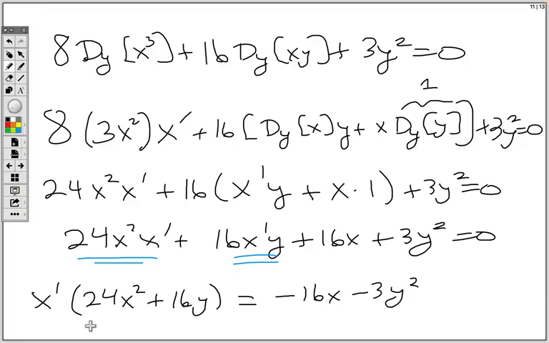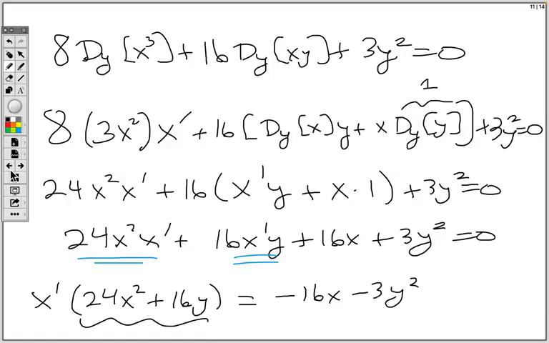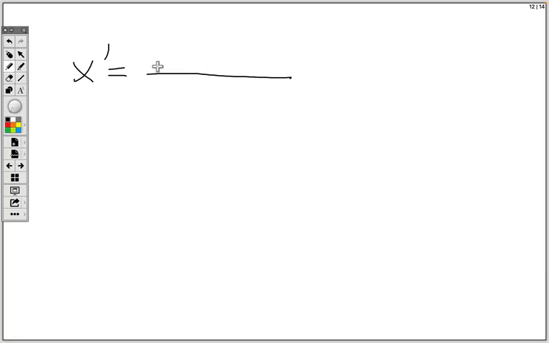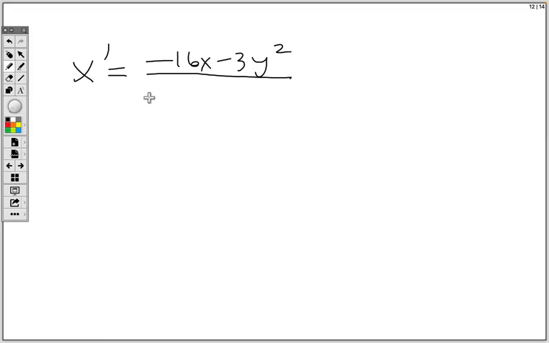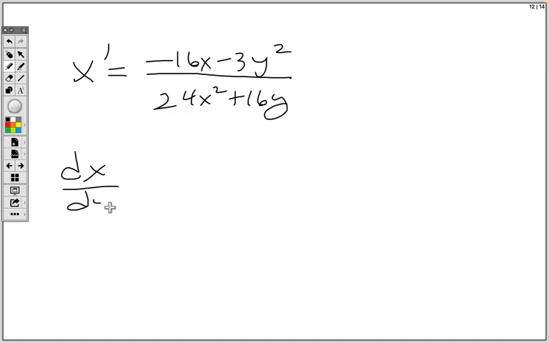For the grand finale, I divide both sides by the coefficient, 24x squared plus 16y. So I get x prime equals minus 16x minus 3y squared, divided by 24x squared plus 16y. And that's what I'm getting for dx/dy.